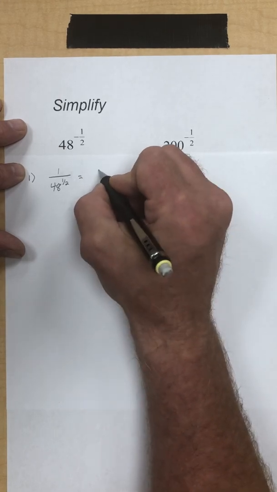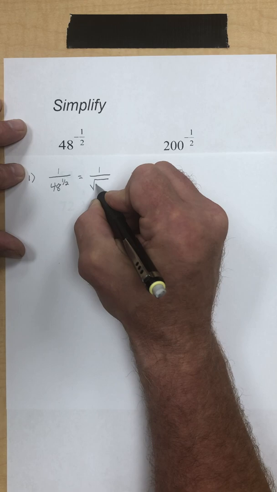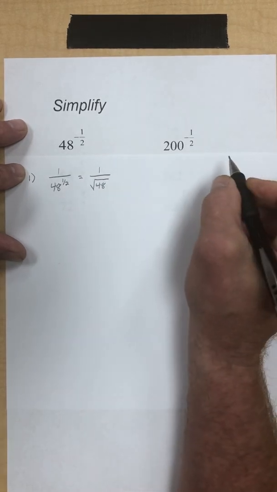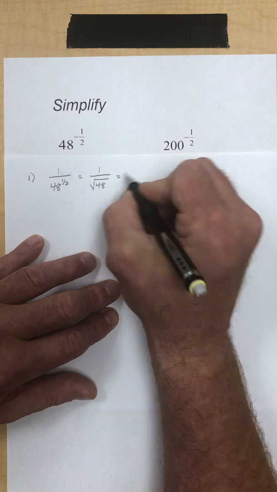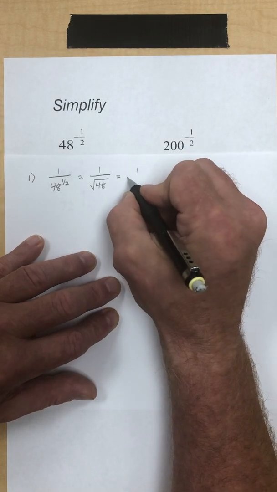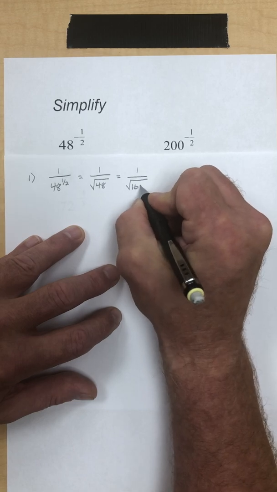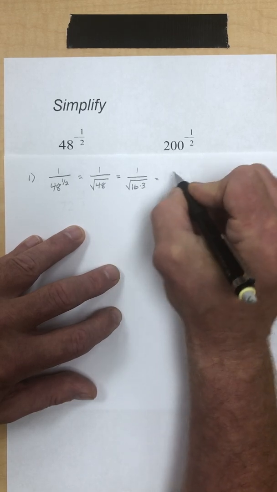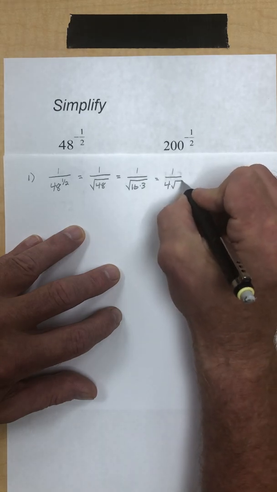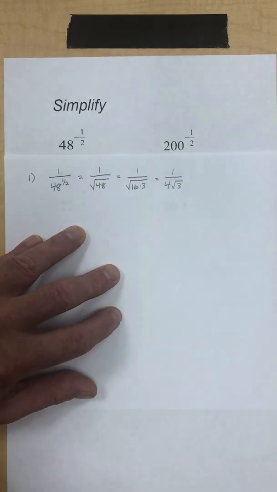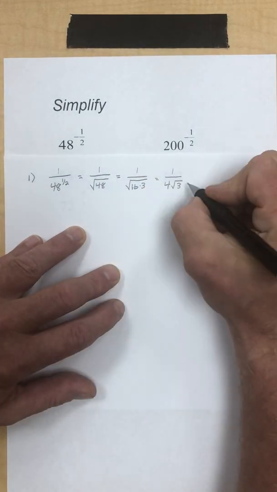So that is 1 over the square root of 48. And the largest factor of 48 that's a perfect square is 16. So this is 1 over the square root of 16 times 3. So I just get 1 over 4 radical 3. And of course, that radical is down in the denominator, so we have to rationalize.